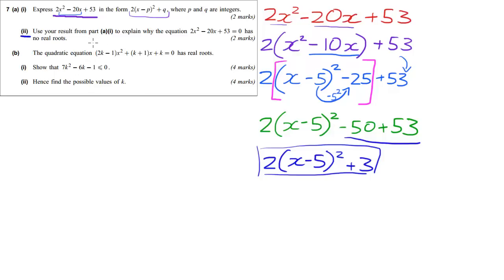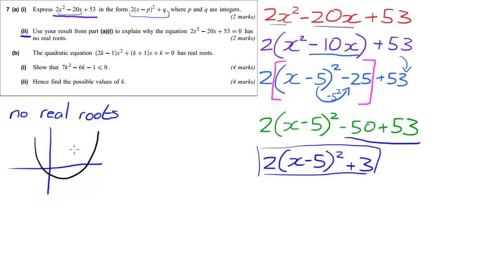So use your result to explain why it has no real roots. So none at all. What does no real roots mean? Well, normally we'll have some x squared function, and let's say it does this.